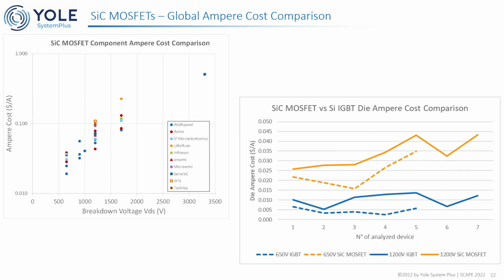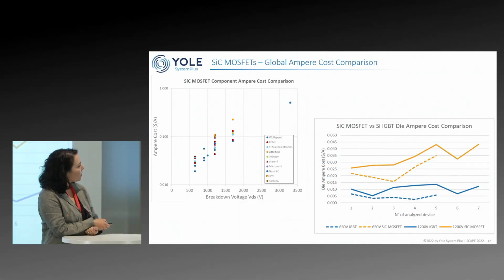But this is what we analyze right now in terms of cost of different components. We compare the ampere cost for different voltages. In terms of silicon carbide, we compare 1200 and 650 volts between IGBT and MOSFET.